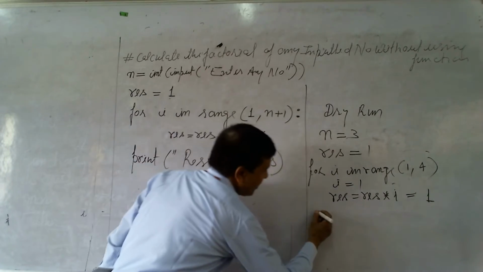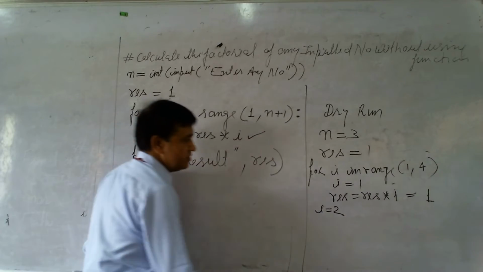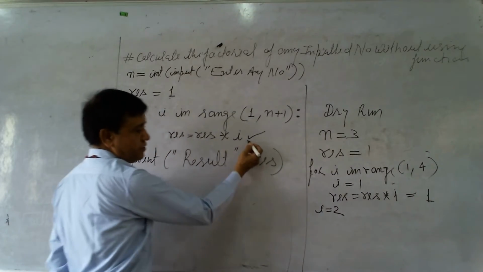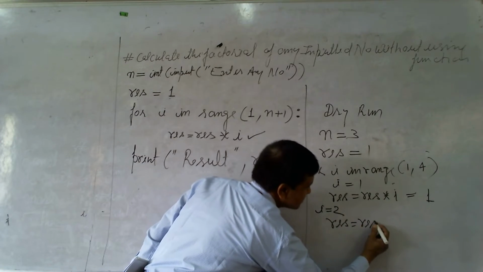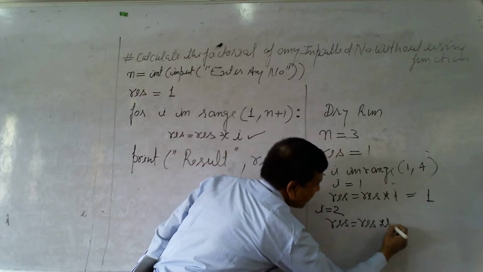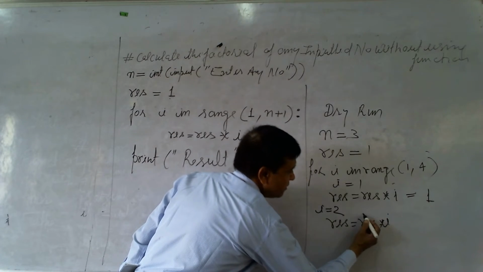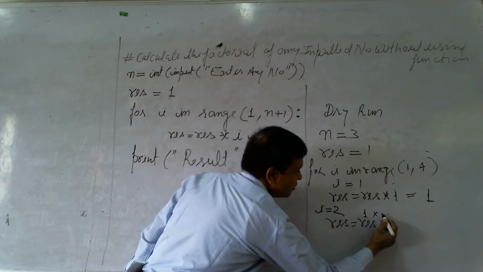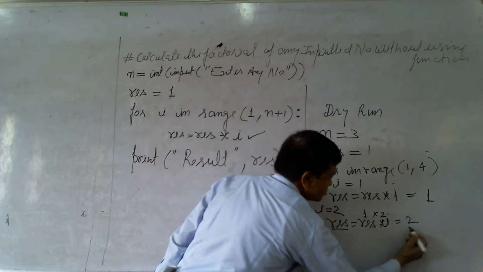The value of i is 2, and this statement again will execute, res equal to res multiplied by i. The previous value of res is 1. Now the new value of i is 2, so this is 2. Now the value of res is 2.